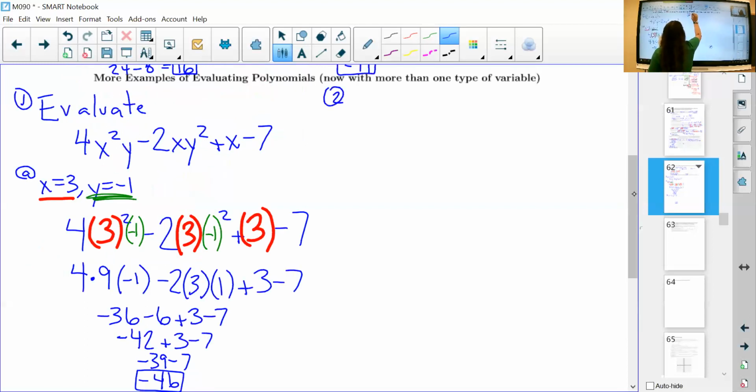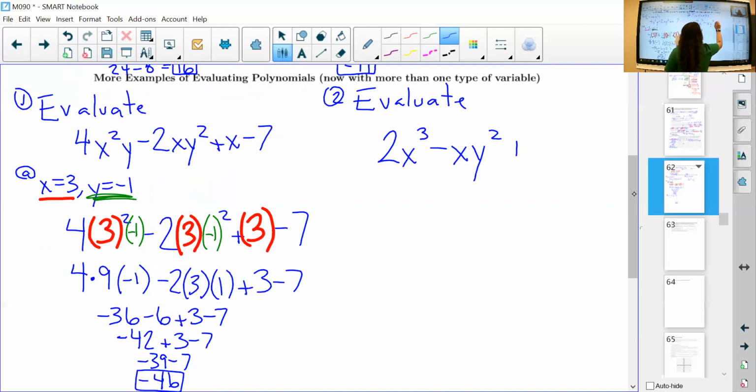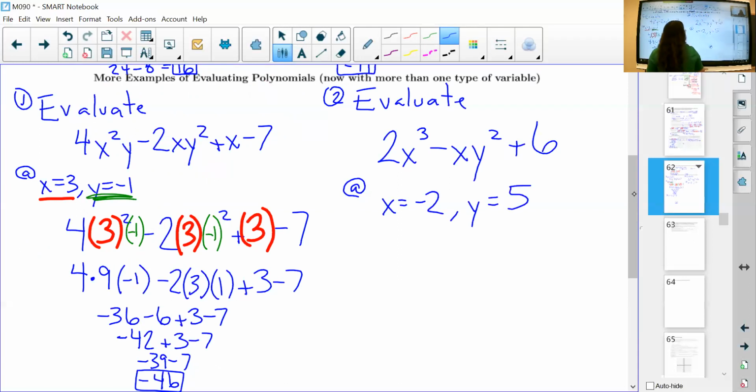And then let's get another example in here. Example 2. Evaluate 2x cubed minus xy squared plus 6 when x equals negative 2, y equals 5. Okay, so I promised you I'd do them in a more normal order this time. Let's do that. So I have 2.